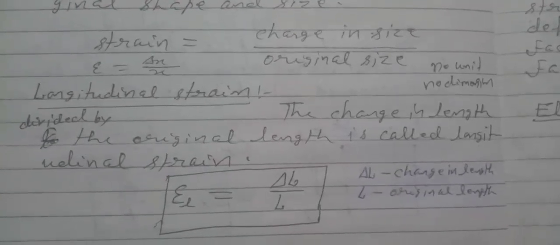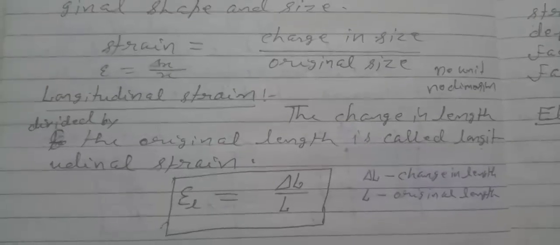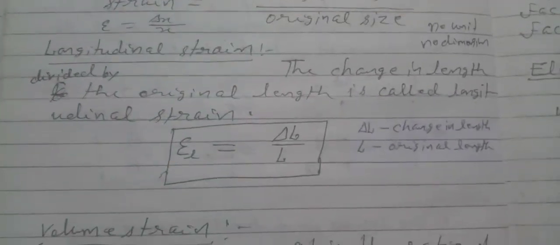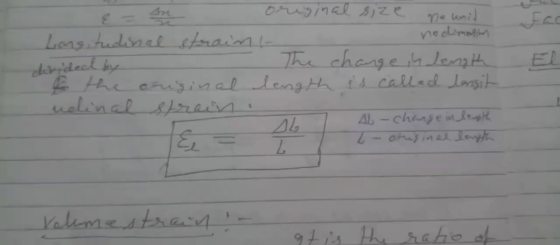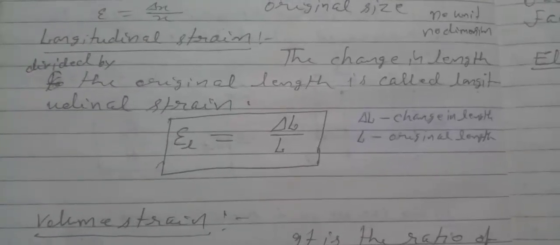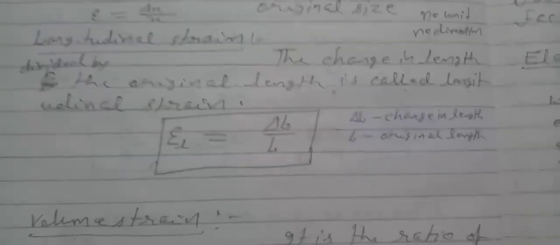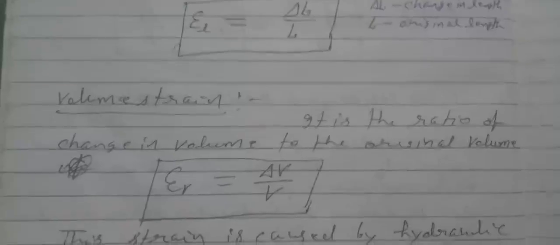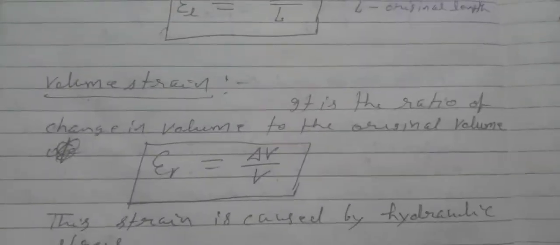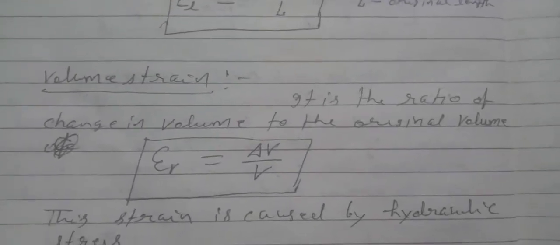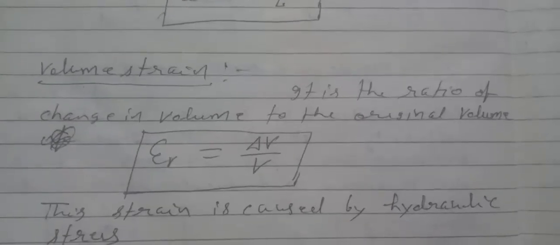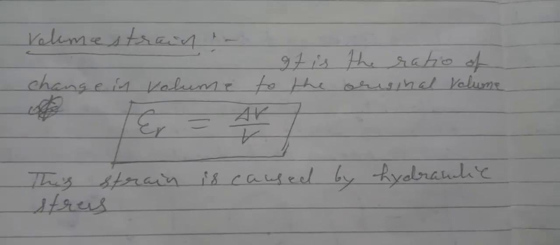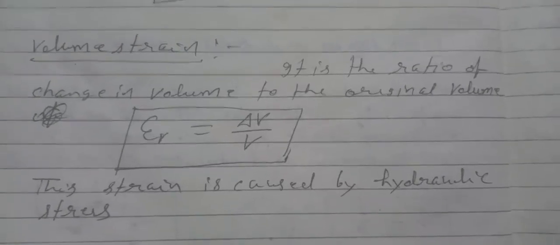Longitudinal strain: the change in length divided by the original length is called longitudinal strain, or e L equals delta L by L, where delta L is the change in length and L is the original length. Similarly, volume strain is the ratio of change in volume to the original volume, e V equals delta V by V. This strain is caused by hydraulic stress.